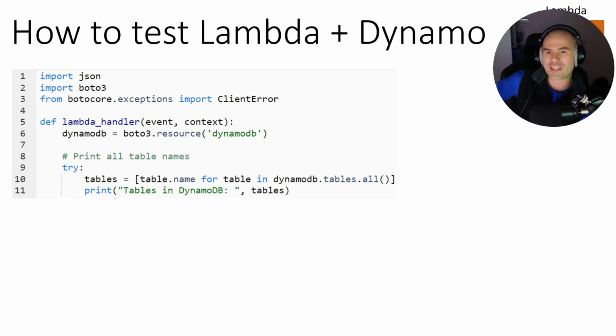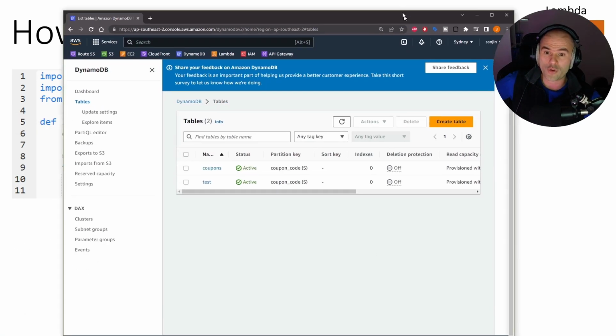But the most important thing to do next is try to make sure that Lambda can reach Dynamo, because there is going to be a permission setting that you need to change. So you need to come up with a bulletproof test that tells you whether it works or not.